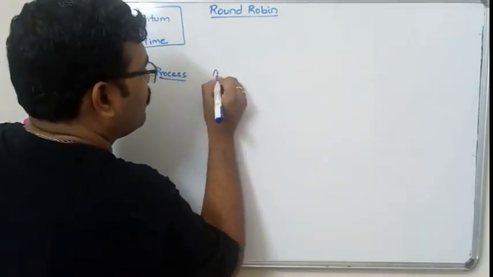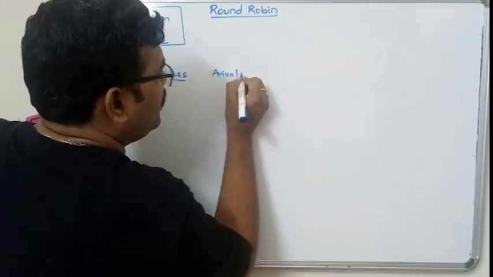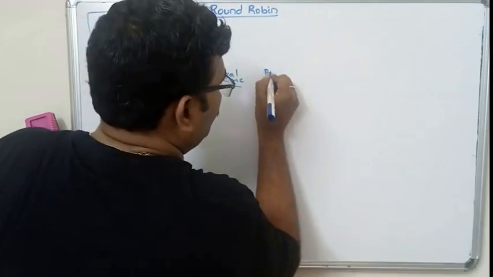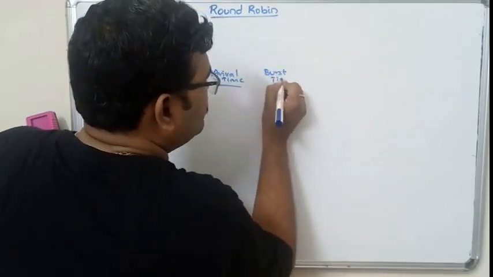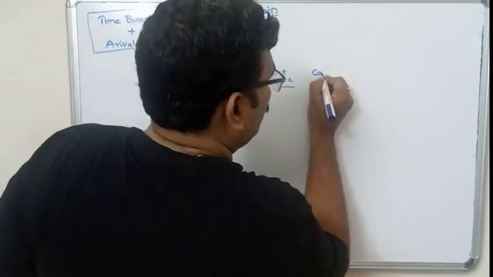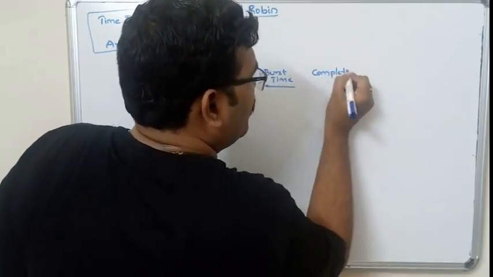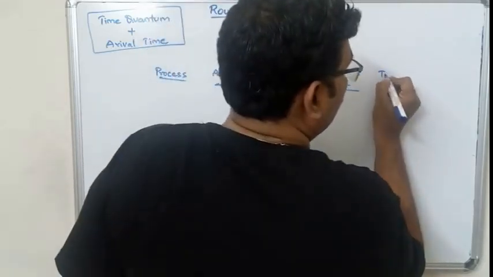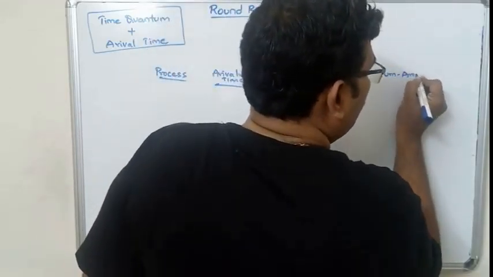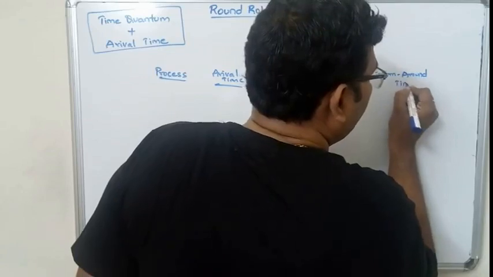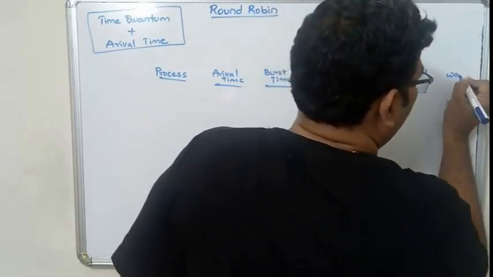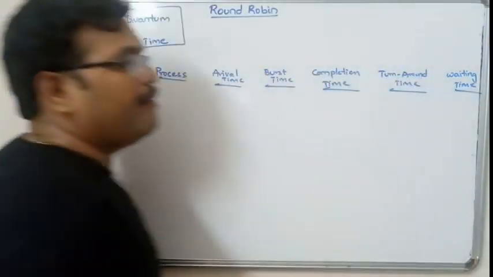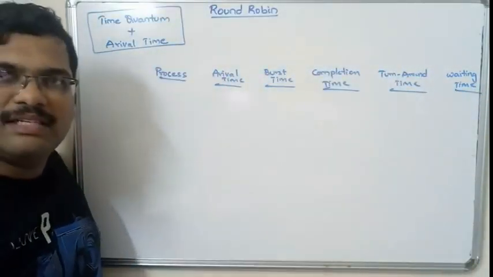So let us take this table: process, arrival time, burst time, completion time, turnaround time, waiting time. We have to find out all those things.